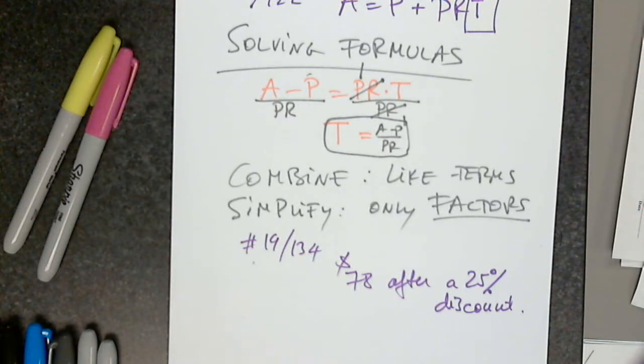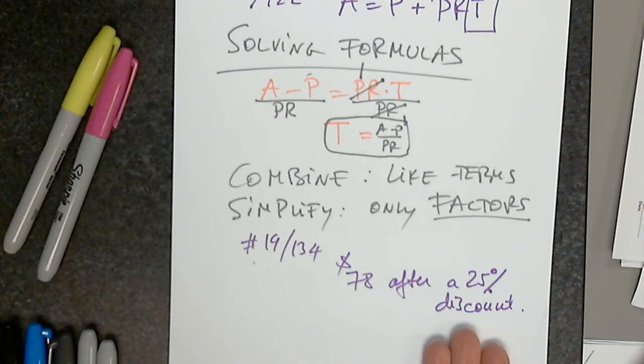And I pay $78. Put my shoes in the car and I go. My question is, how much was it really, the original price? Because I got a 25% discount on the original price and I ended up getting the shoes for $78. So what was the original price?